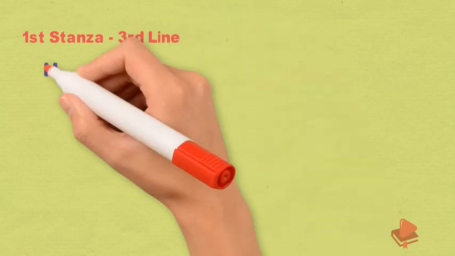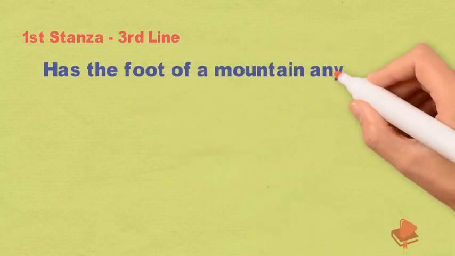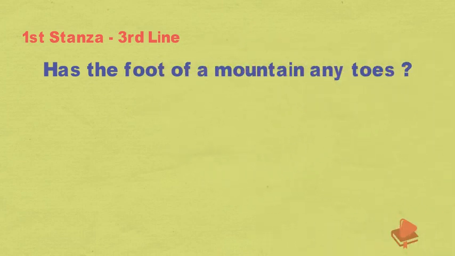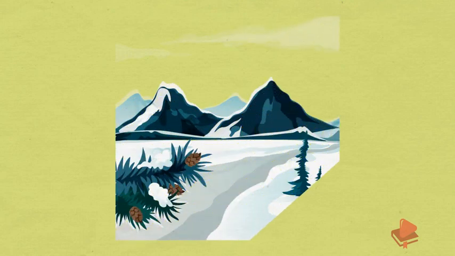So in the next line the poet is telling us, has the foot of a mountain any toes? Here the poet asks if the foot of a mountain is having any toes or a finger. This is what we can see in the picture, that we haven't seen any mountain having a foot with the toes or a finger.